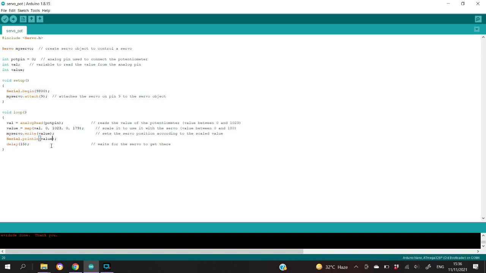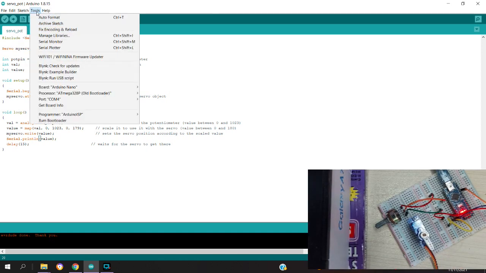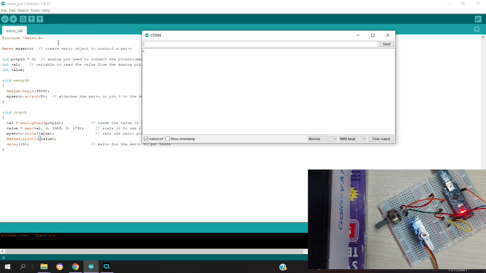So the code is uploaded. Let's try to look it up in our serial monitor. We will go to Tools and then Serial Monitor. So as we can see, the lowest value is 1.